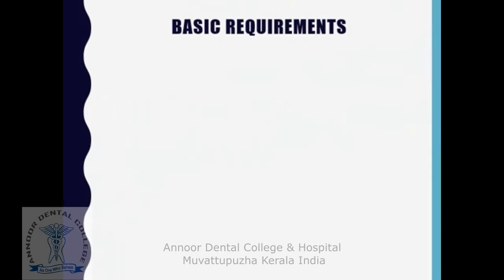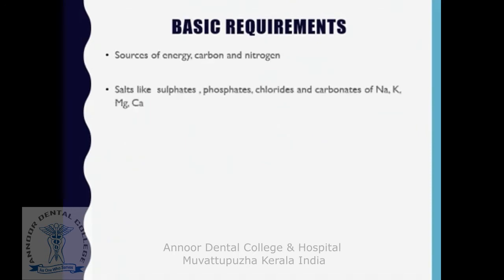What are the basic requirements in a culture media? There should be source of energy, carbon and nitrogen. We prefer to have salts like sulfate, phosphates and chlorides and carbonates of sodium, potassium, magnesium and calcium.